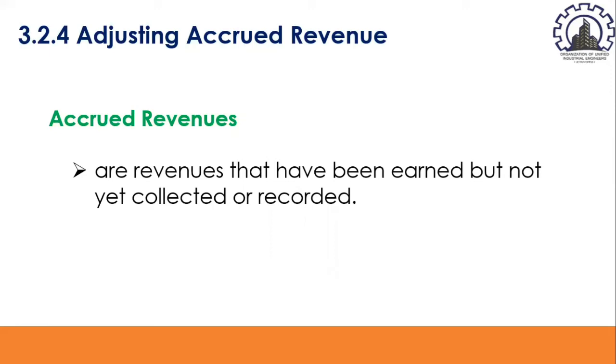Banks and other financial institutions earn through interest income, and so interest is earned on the notes receivable as time passes. At the end of the accounting period, there would be notes receivable where the interest has been earned but not collected or recorded. And so the adjusting entry for accrued revenue would be this one.